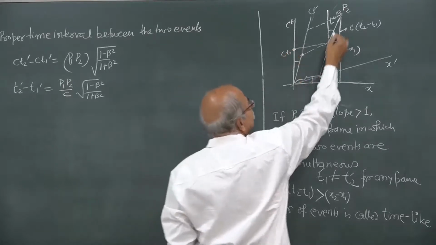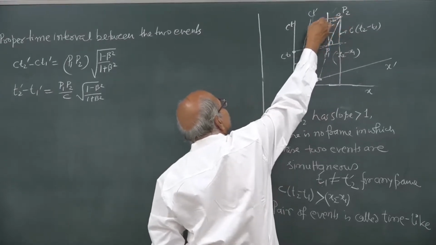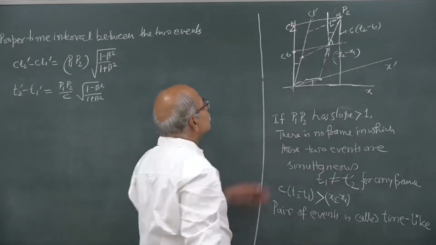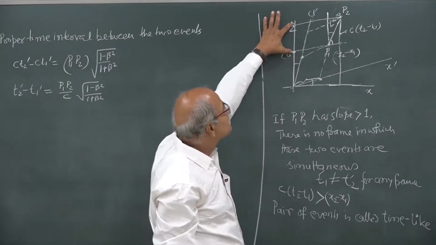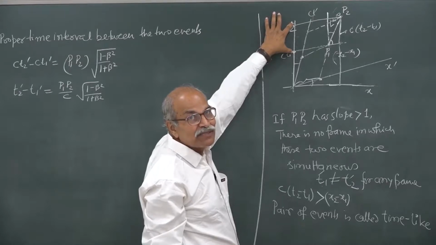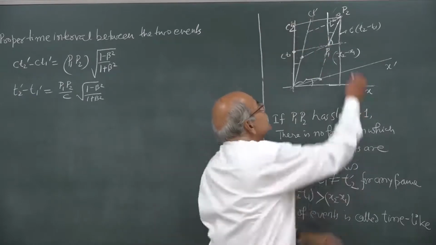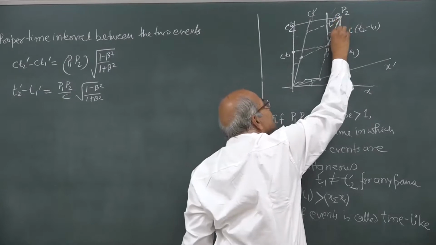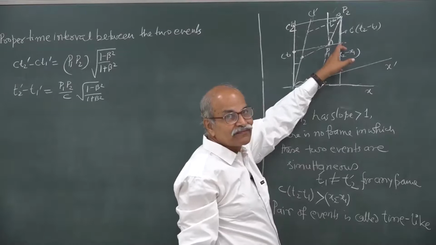And similarly, for P2 you draw a line which is parallel to x axis, and then you reach here, and this is your CT2. This difference is CT2 minus CT1, and no scale factor, no square root of 1 minus beta square. This is S frame, and this length is same as this length here.